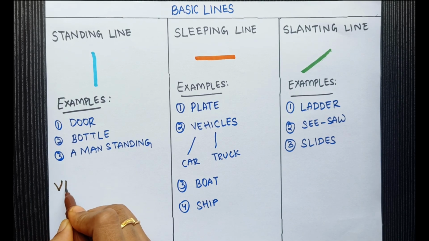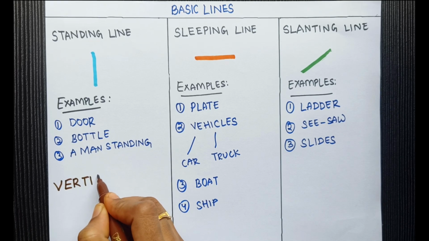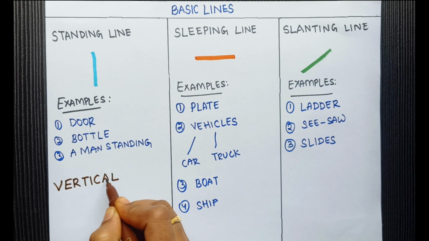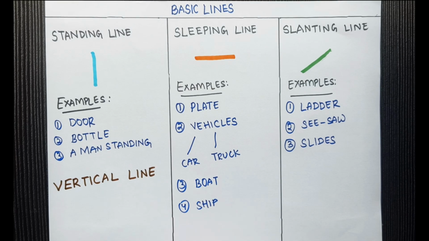A standing line is also called a vertical line. A sleeping line is called a horizontal line.